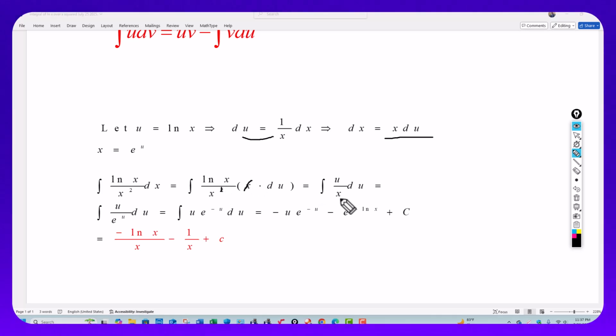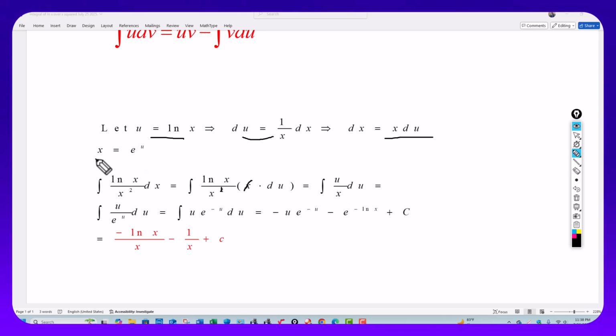That left me with x in the bottom. Remember, I want just u, because I'm using a u-substitution, so I want the integral in terms of only u, not x. And of course the ln of x, that's u, so we placed it here. So now everything is set, except the x.